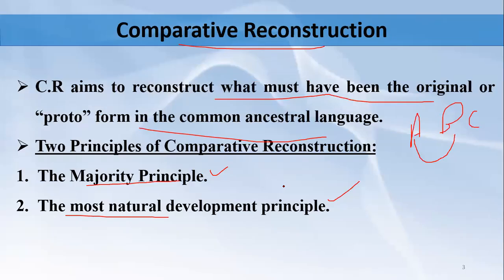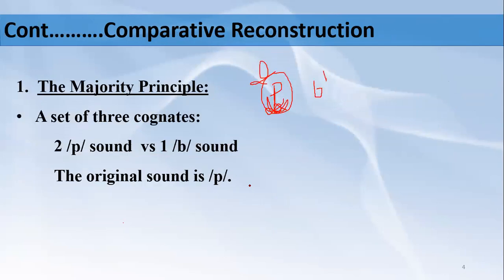Okay. To summarize, comparative reconstruction is a technique which is used to find out the original form, the protoform, the oldest form in a set of cognates. Fine. It has got two principles. The first one is the majority principle, and the second one is the most natural developmental principle. Fine. This is the majority principle. For example, if there is a set of cognates, fine, a set of 5 cognates, for example.